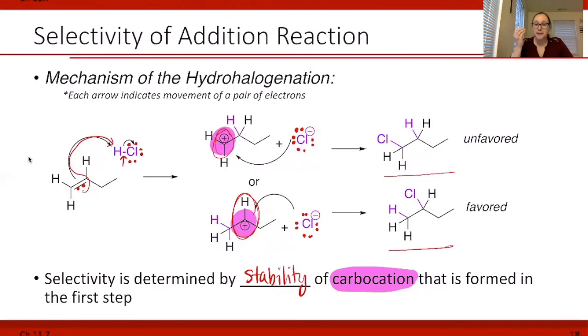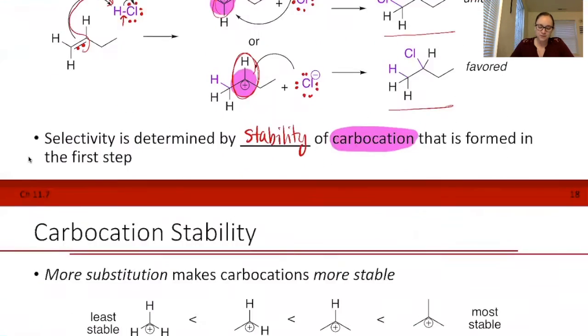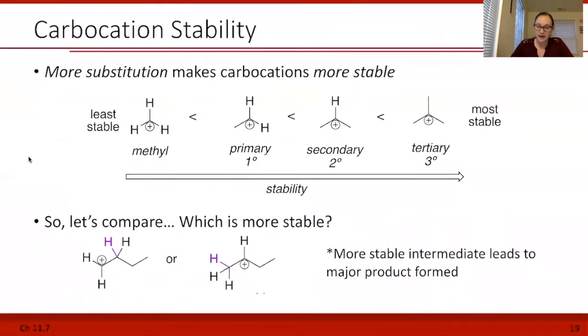Based on how stable these are relative to each other, we can tell which one is favored. On our next slide, we talk about carbocation stability. More substitution makes carbocations more stable. A methyl group, for example, has zero substituents. We just have hydrogens, nothing different, so it is very unstable.